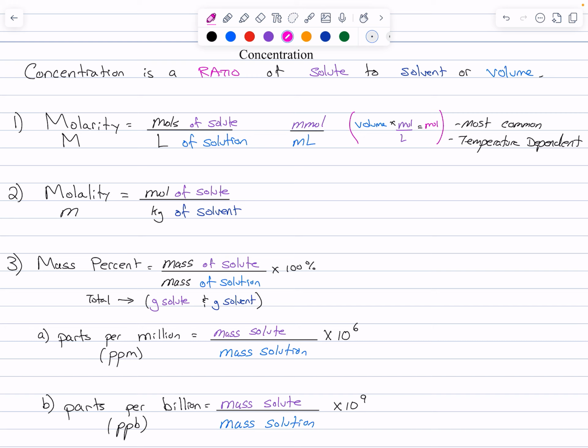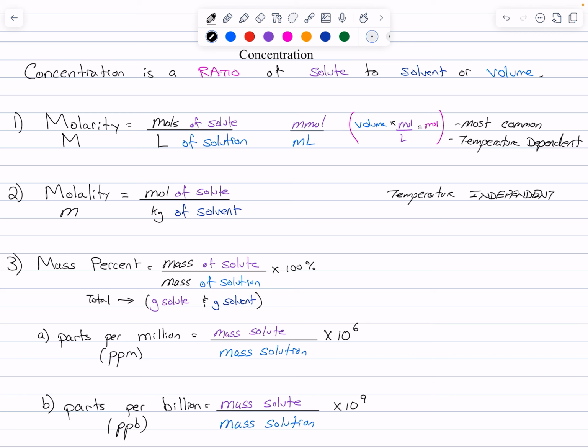So molarity by far is our most common, especially in the general chemistry lab. Number 2 is molality, little m, typically italicized. This one is temperature independent, because mass does not depend on temperature at all.